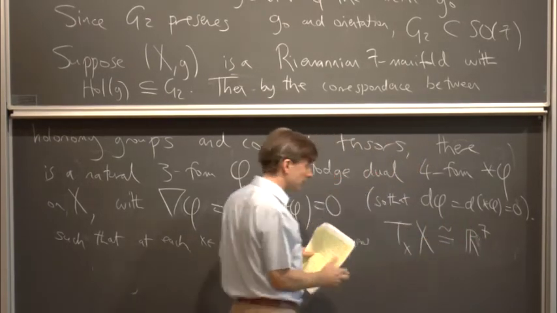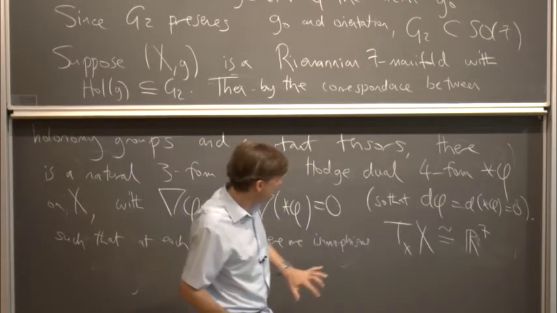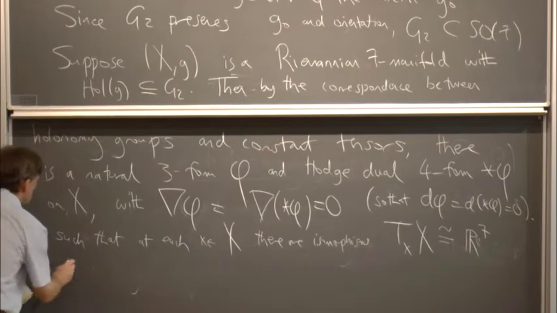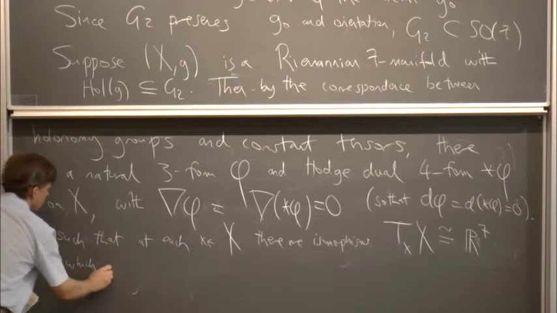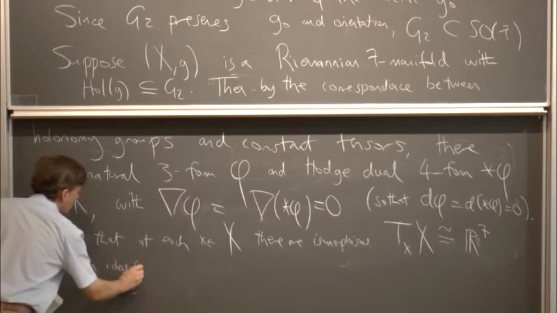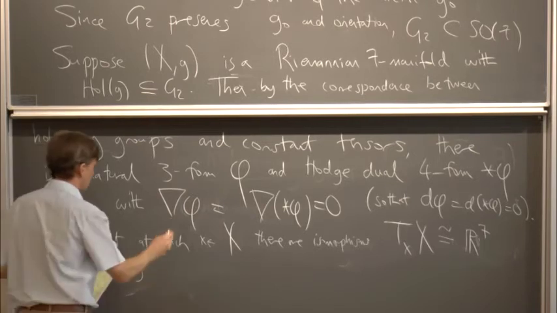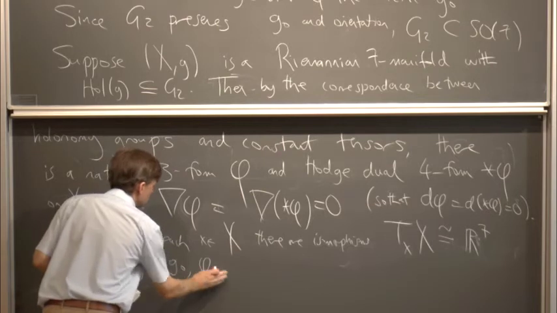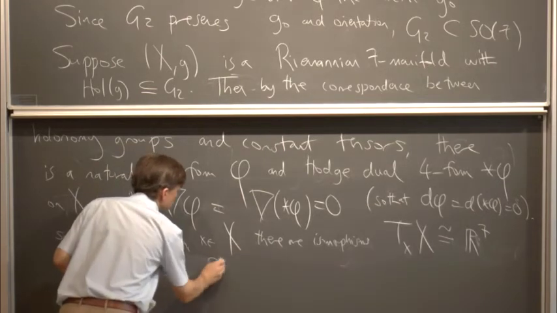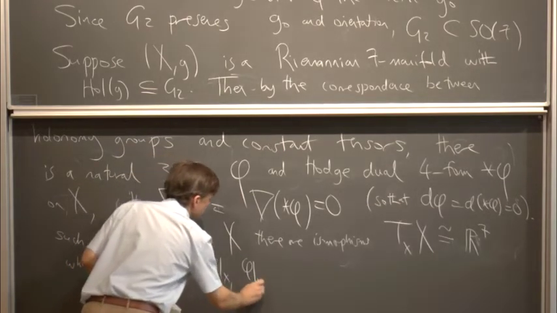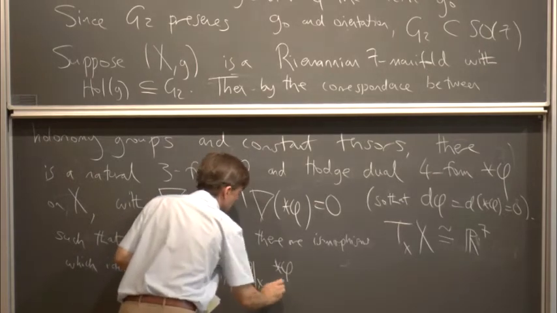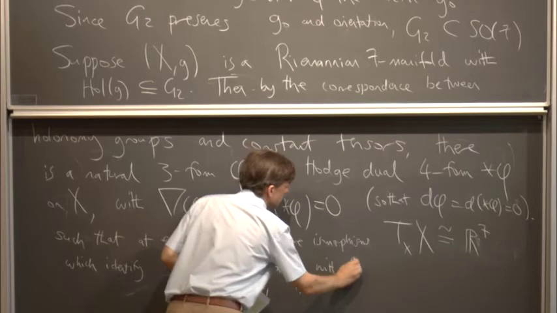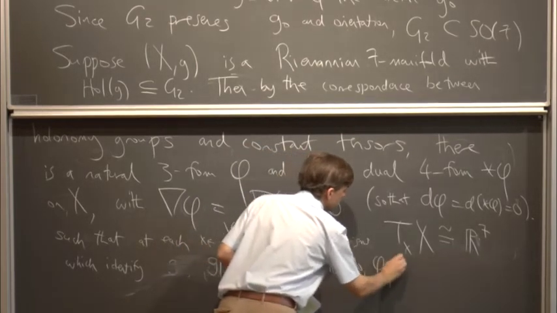So the isomorphism is not unique, but it's unique up to the action of G2 on R7, and these isomorphisms identify g at x, phi at x, and star phi at x with G0, phi 0, and star phi 0.